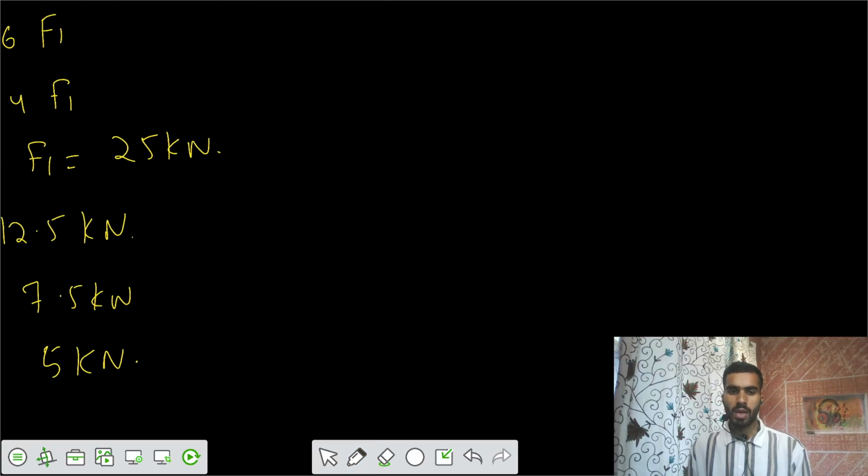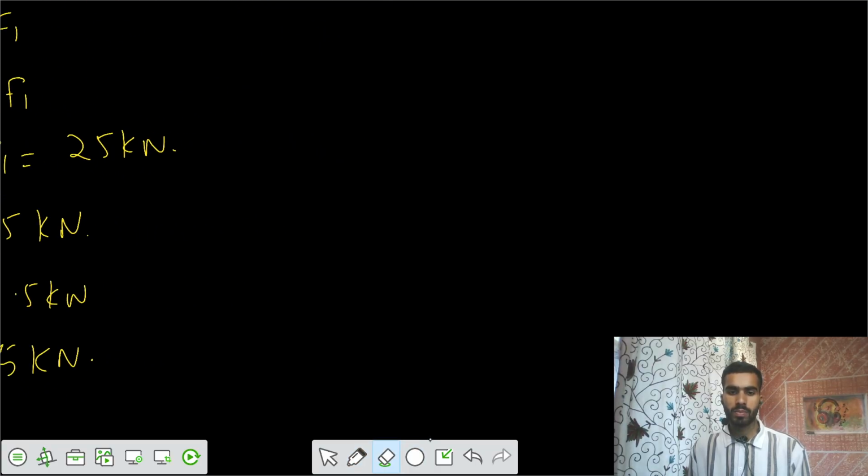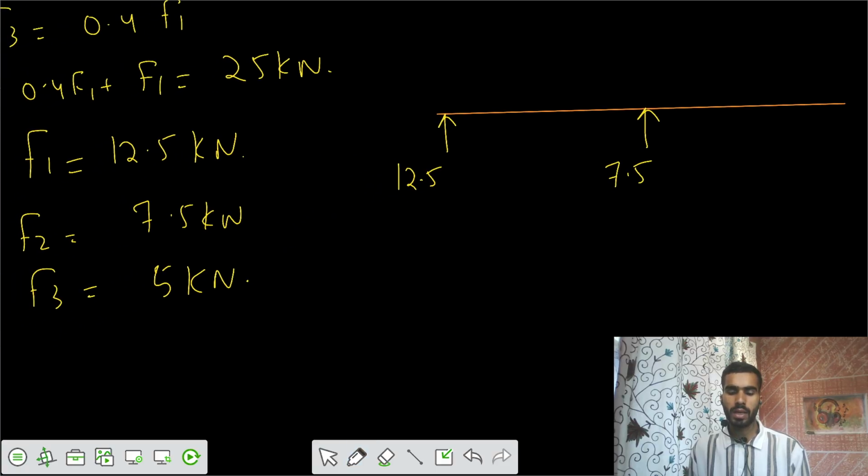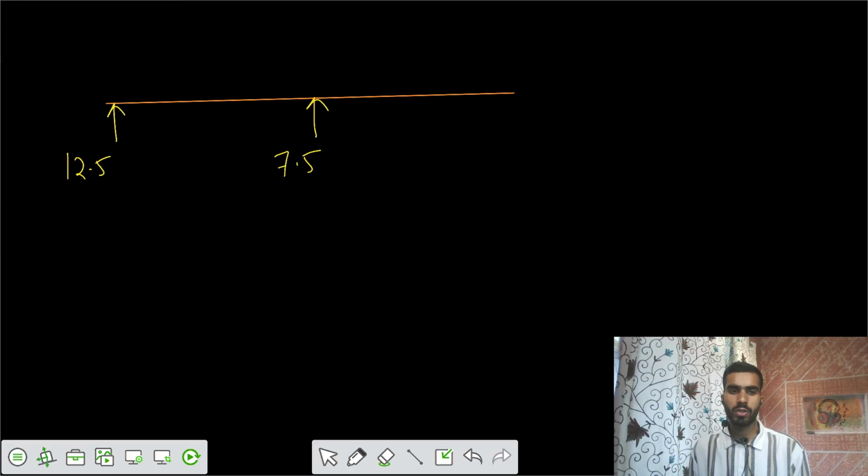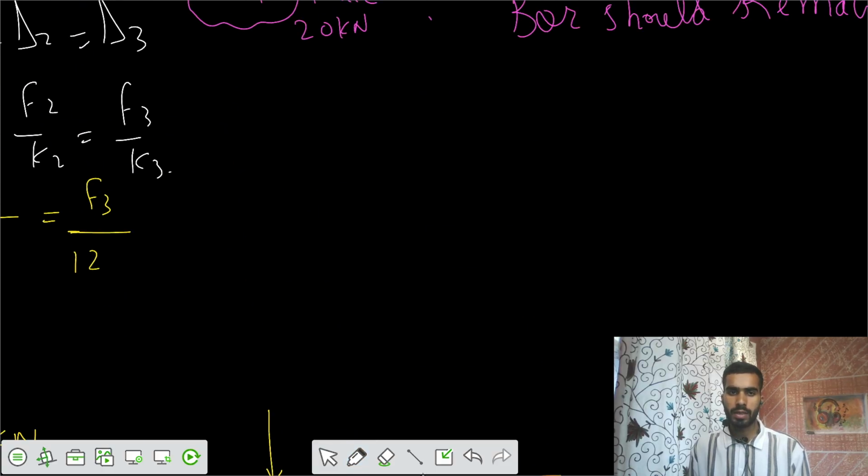So if you make the line diagram now, we have some bar, and you are applying a force F1 equals 12.5, at the mid you are applying a force of 7.5, and at the F3 location you are applying 5 kilonewton, and there we have the load of 20 kilonewton.